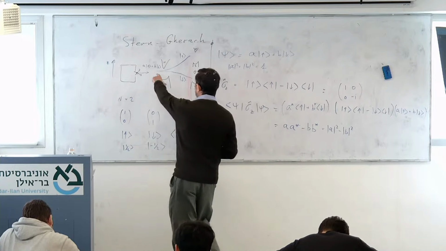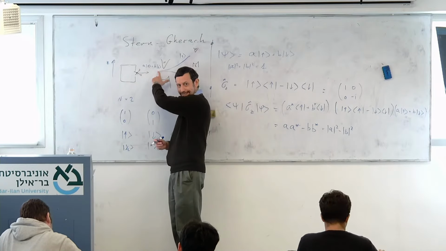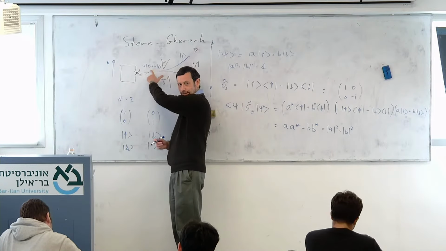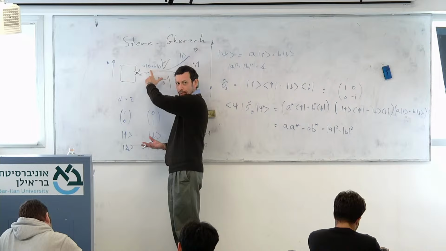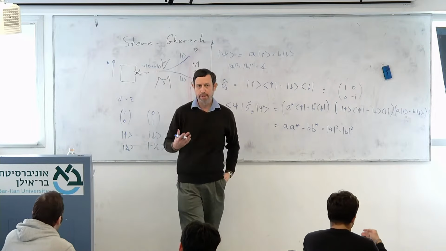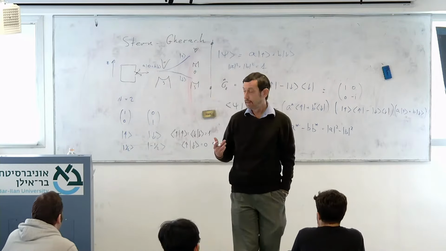And although here I didn't know anything about it, I knew only that with probability a squared it will be up, with probability b squared it will be down. Here I know that with probability 1 it will be up, with probability 0 it will be down, and vice versa. So this is exactly the collapse of the wave function. It's hard to swallow. That's the heart of the Copenhagen interpretation.